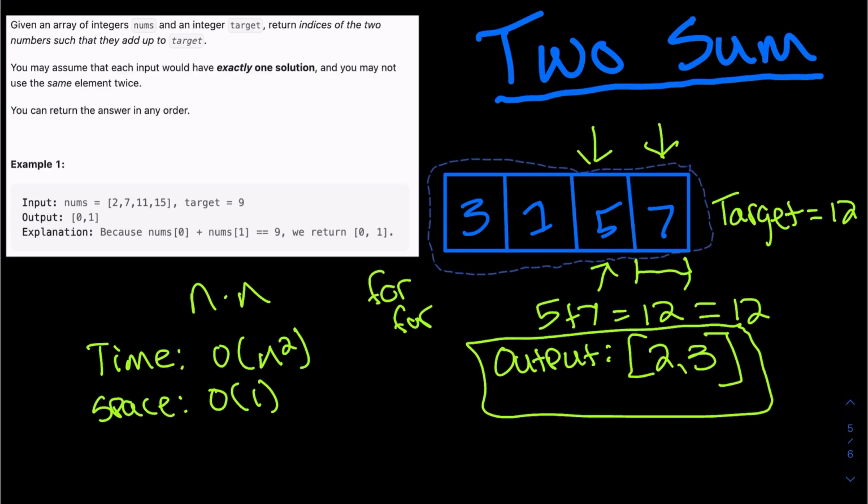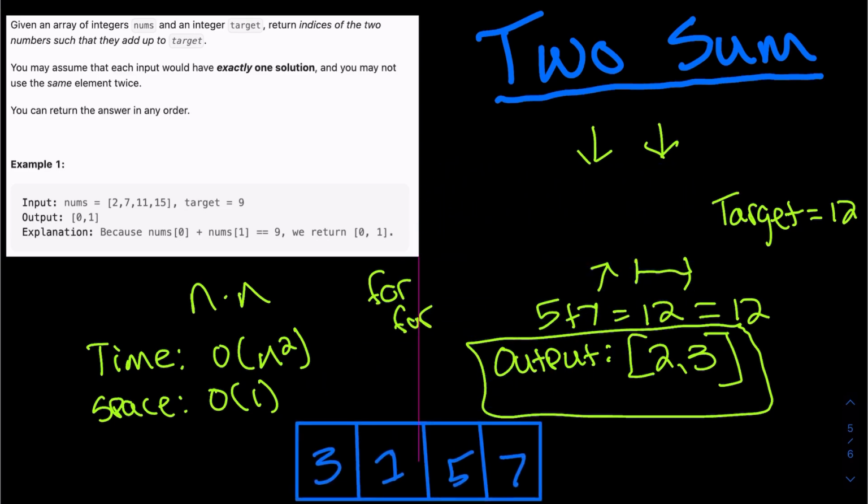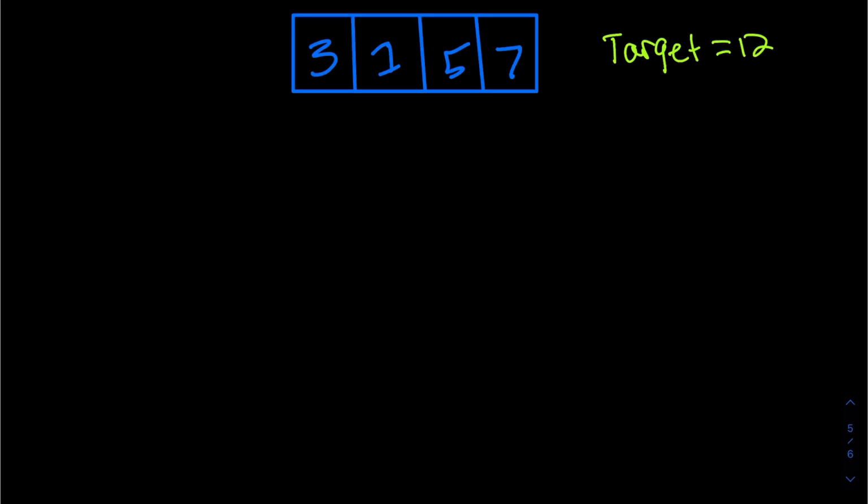Well, let's grab this array. So we can actually go through this array in one sweep. And we can do that because let's say we are at 1. We can say to ourselves, what number do we have to add to 1 to get to 12? Well, that is just 12 minus 1, which equals 11.